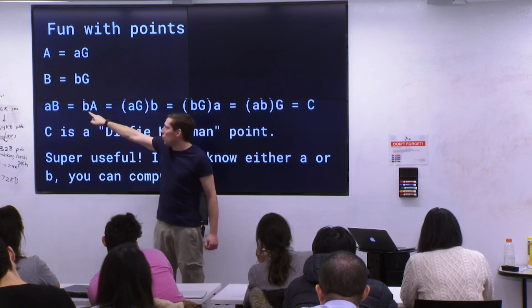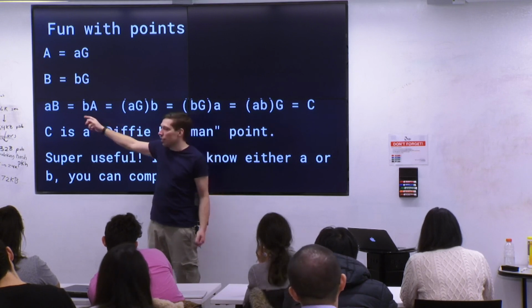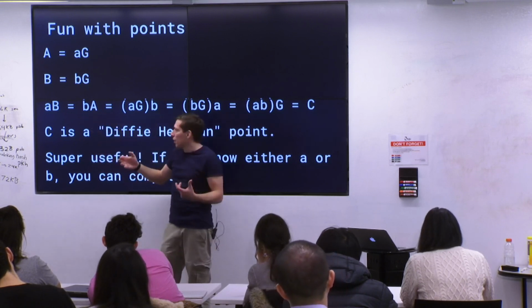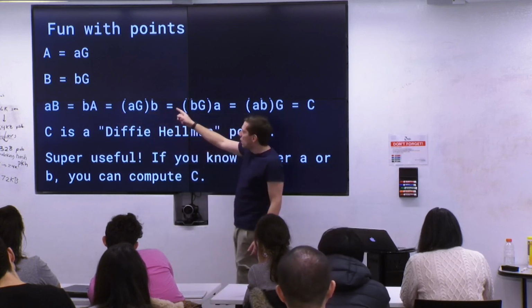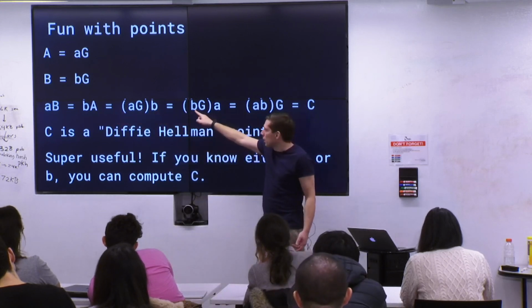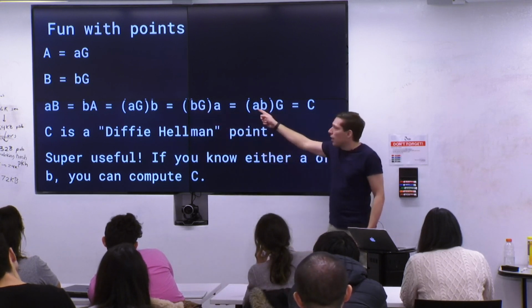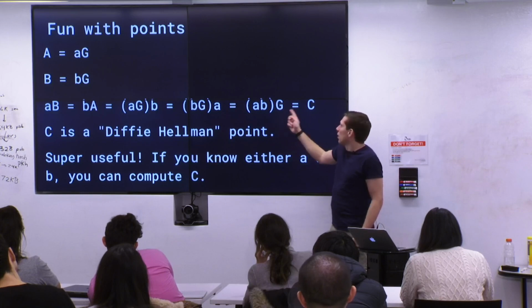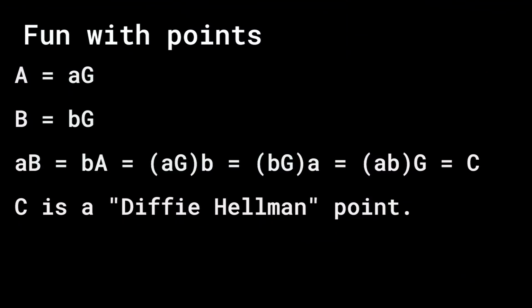It is equal to Bob's private key times Alice's public key. It's commutative. The multiplication is commutative. That's weird, right? It's just a times G times b, which is the same, it doesn't matter the order, as b times G times a, which is the same as a times b times G. And let's call that C.